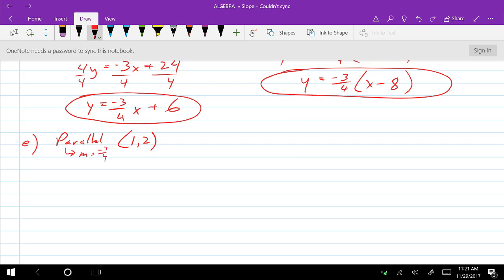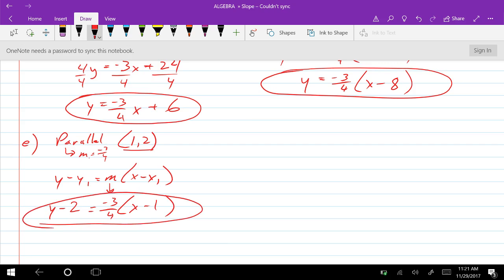I have a slope, I have a point, I'm going to put it in point slope form. Slope, negative 3 over 4. y1 was 2, x1 was 1, and I'm done.